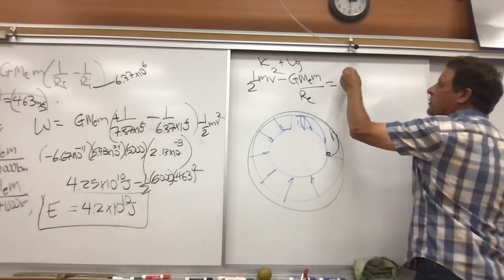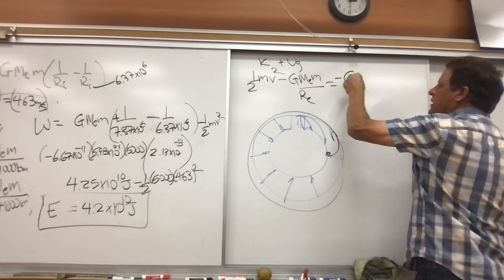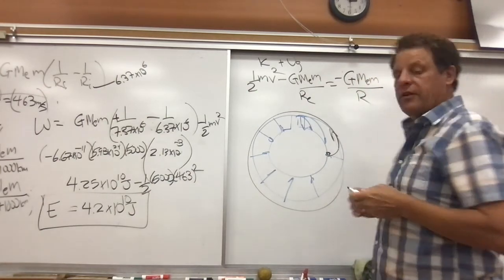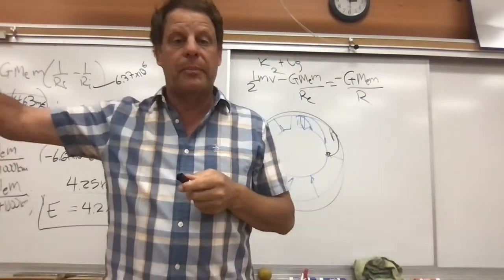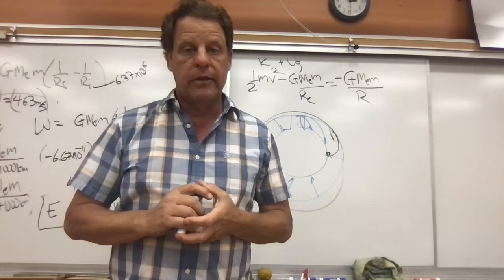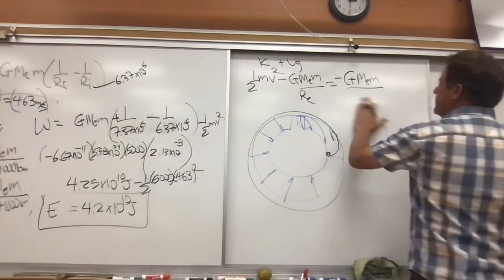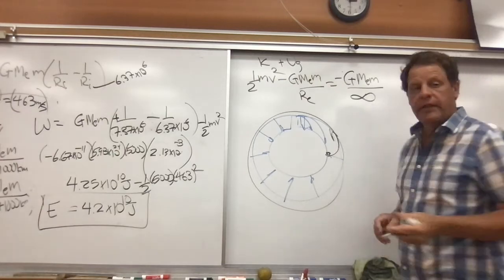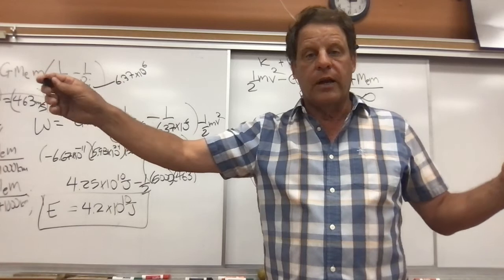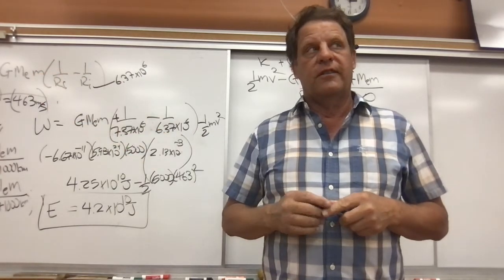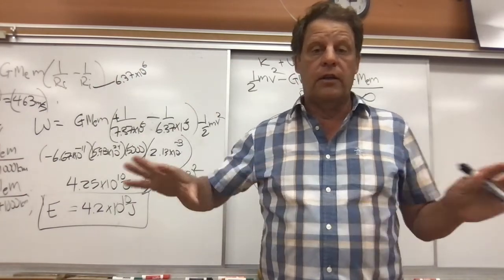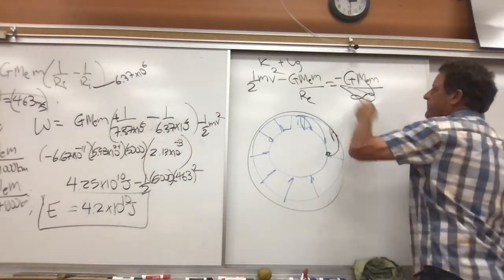And this is going to equal the potential energy at some distant place where there is no gravity. Now, where is that place? That place is at infinity, because when you are an infinite distance away, there is no gravity. What is infinity squared? It's still infinity, and 1 over infinity is still 0. So this goes away, right?